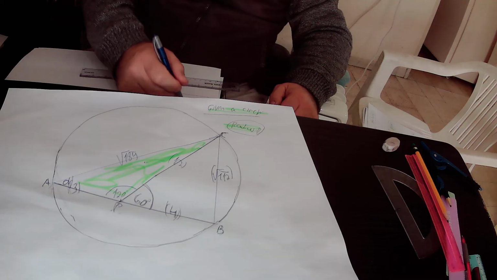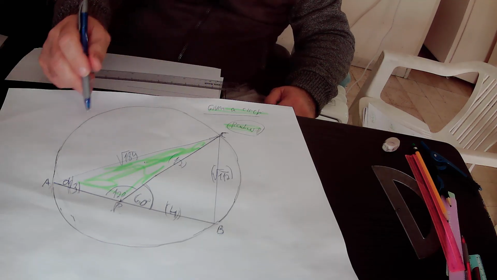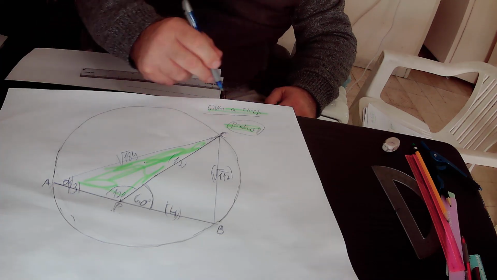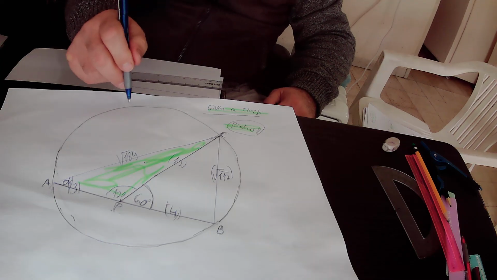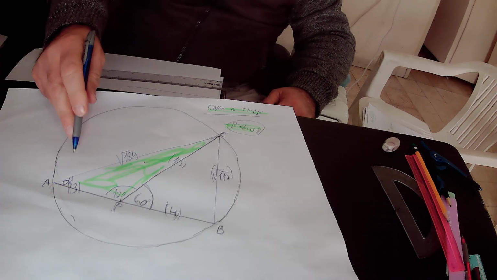CB squared equals to CA squared plus AB squared minus 2 times CA times AB times cosine alpha.